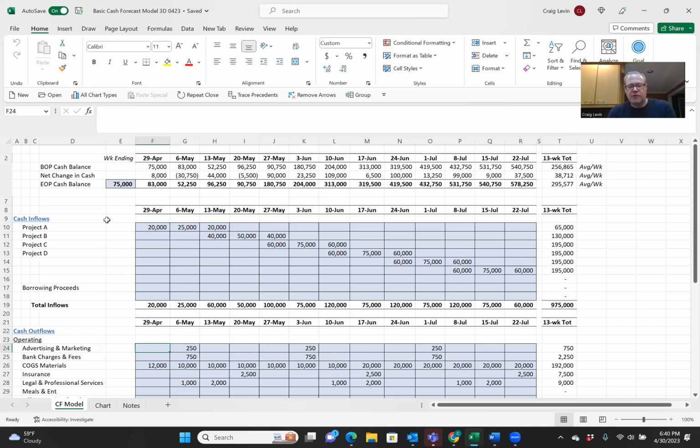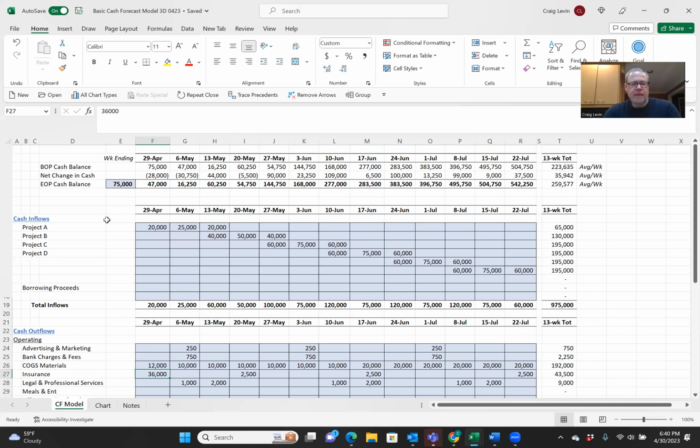If you have insurance costs that are 3,000 a month, your premium is going to be 36,000 for the year, and let's say you pay it all at once at the beginning of the year. Rather than spread a weekly amount of insurance out here, you're going to put the whole year right here. That's when you're going to see your outflow.